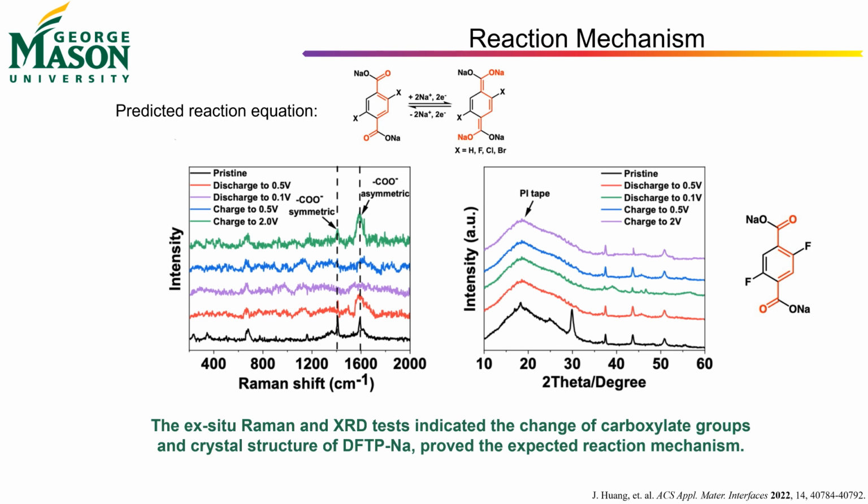Also from the SEM images, from the pristine, first cycle, fifth cycle, and 10th cycle, the shape of the crystalline of DFTP sodium has no change. They all prove that DFTP sodium has very good stability, and it is better than the other 2 halogenated materials.